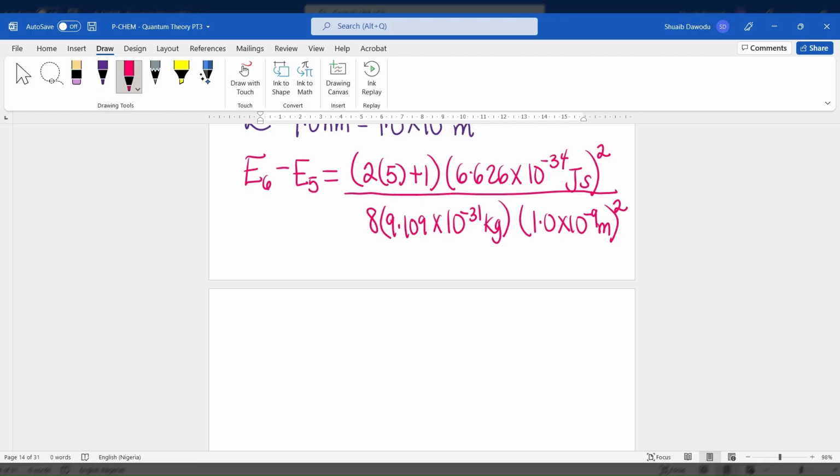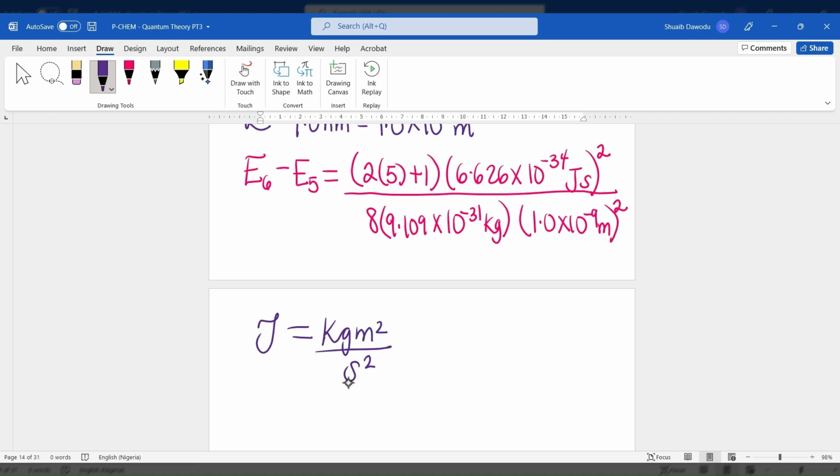So the best thing you do in a situation like this, E sub 6 minus E sub 5, is very, very simple. You just have to remember that when you're given multiple units, we have to break down all the units to the proper base SI units. Joules is simply kilogram meters squared per second squared.